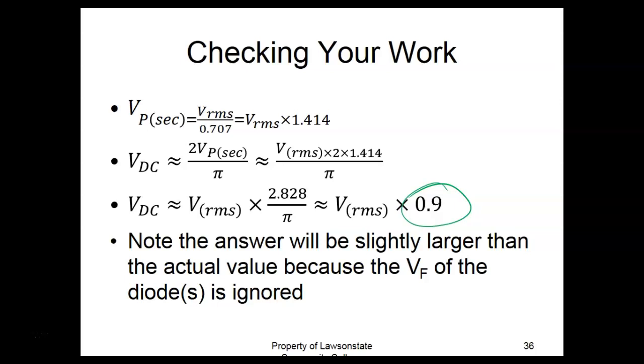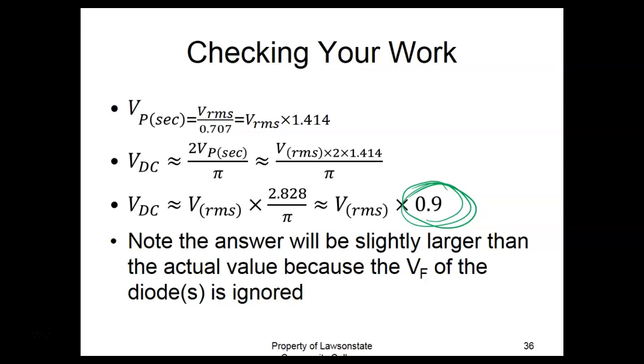So they took 2 V peak over pi, and then they came up with this fraction. Technically, you can take your VRMS and multiply it by 0.9, and that will give you a really good idea of what your output voltage would do, which is pretty neat.